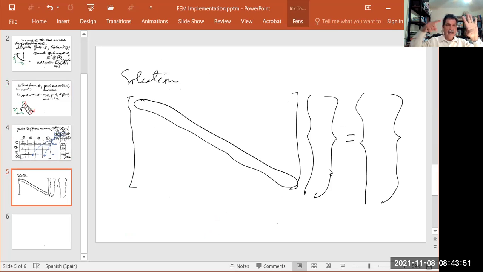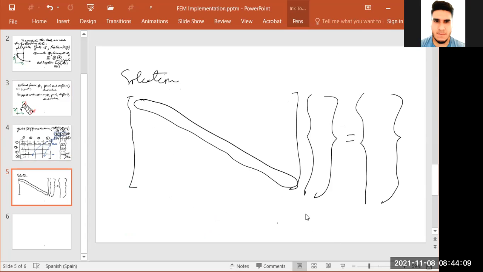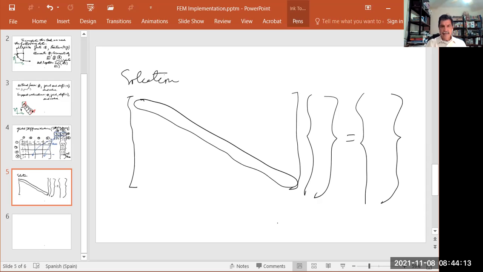Joint 4, direction X. What's the position of that displacement in this vector? Anybody? 4th joint X direction. The 10th position. How do you get it?